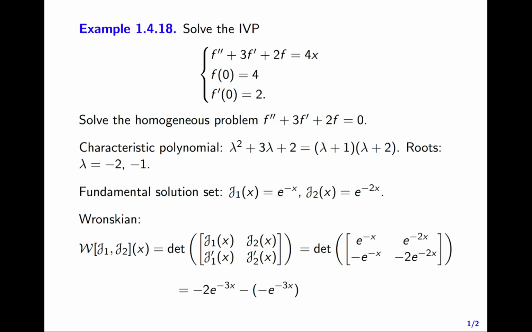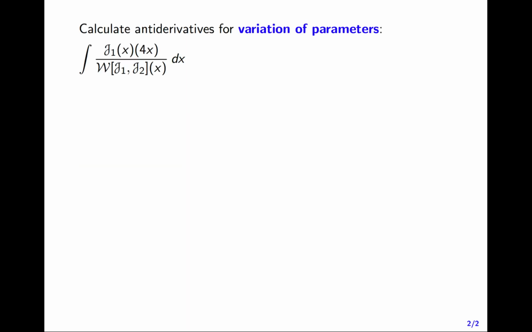We calculate that determinant as minus 2e to the minus 3x minus e to the minus 3x, and we're left with minus e to the minus 3x.